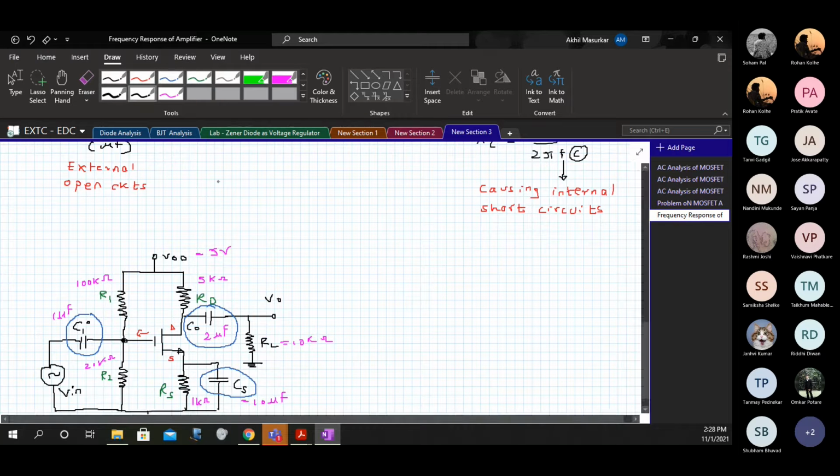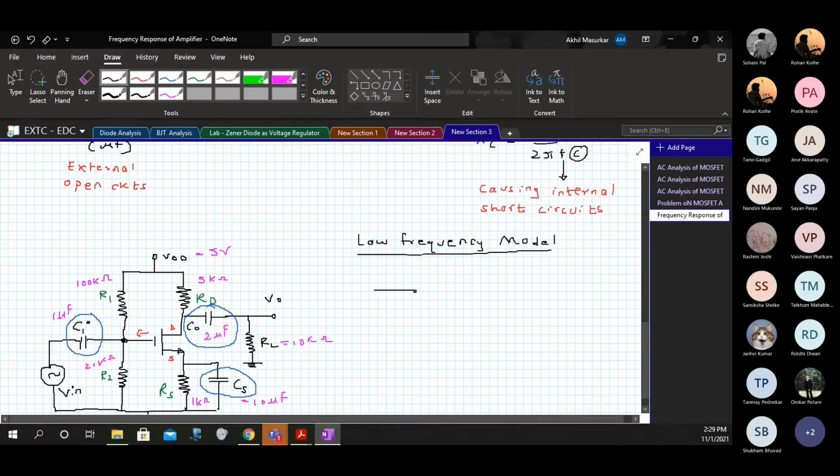Now, as far as the MOSFET low frequency model is concerned, we have two models for the MOSFET, that is at high frequency and low frequency. So first I will draw the low frequency model. When we were doing the analysis, we were using the low frequency model.